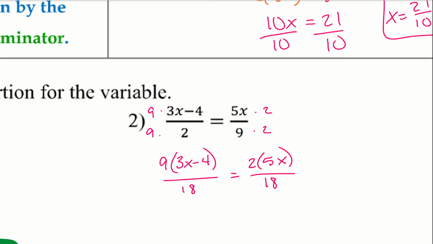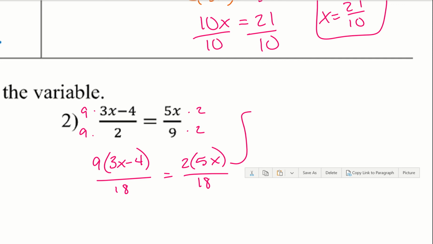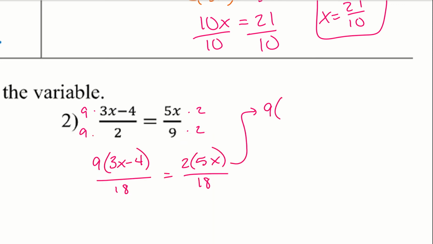Since my denominators are the same, my numerators are equal to one another, so I can create a new equation just with my numerators. 9 times 3x minus 4 is equal to 2 times 5x. Then from here, we'll just go ahead and simplify and solve for my x. So we'll distribute my 9.